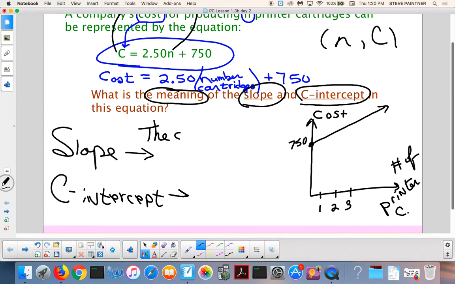The cost goes what? Up, how much? $2.50. Tell me more. Per cartridge. There you go. Per cartridge. Period. Done. They're just asking you what's the meaning behind the 2.5. The 2.5 just means the cost is rising $2.50 per printer cartridge. Okay.